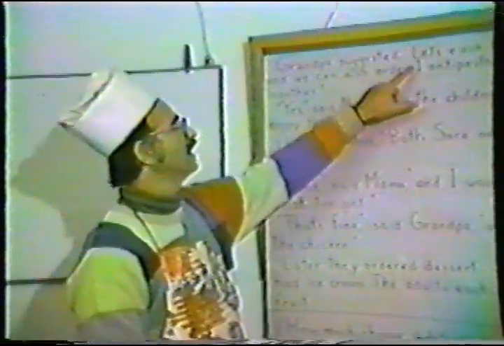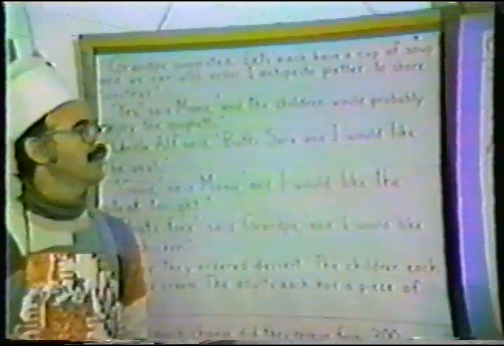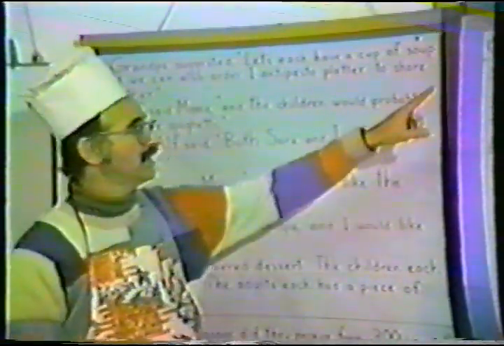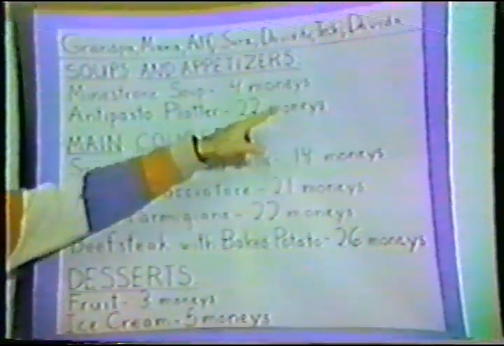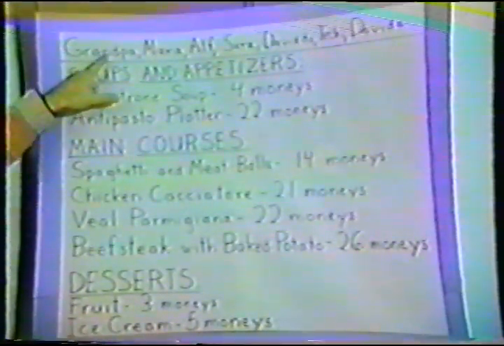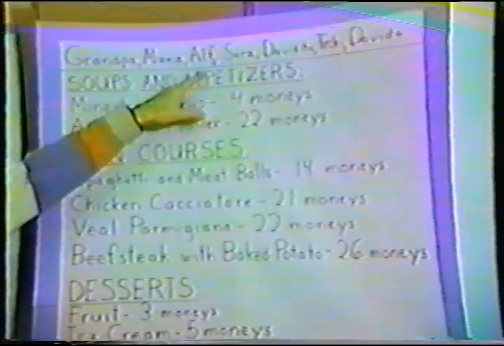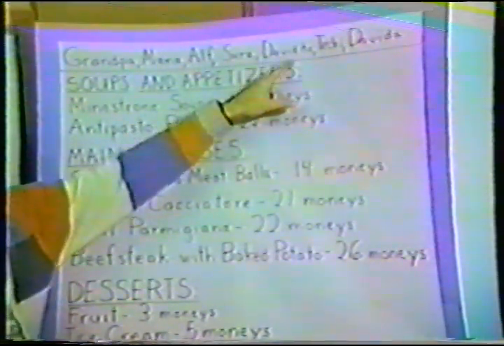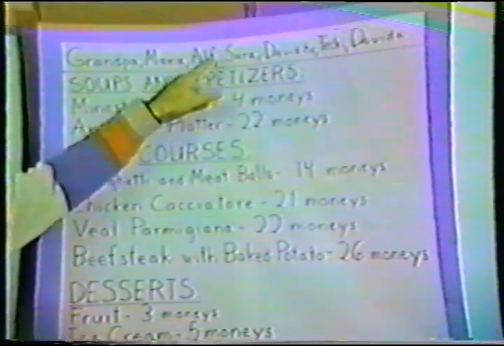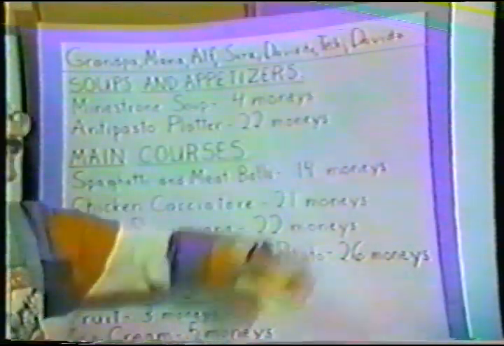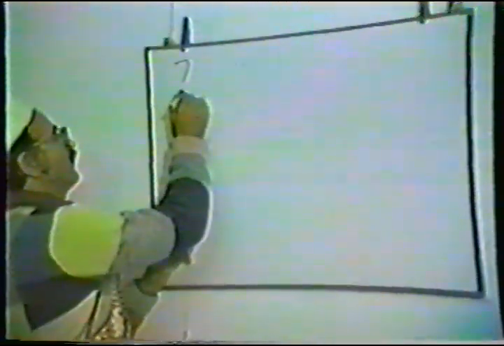Grandpa suggested let's each have a cup of soup. The minestrone soup cost 4 monies, and we have Grandpa, Mama, Alf, Sarah, Davidito, Tetchy, and Davida. 1, 2, 3, 4, 5, 6, 7. 7 people having soup, 4 monies per person. 7, 4.